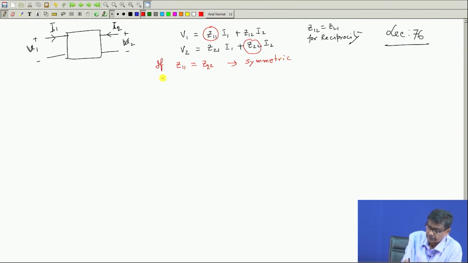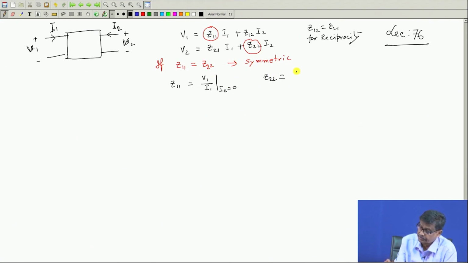Now, what is Z11? Z11 is equal to V1 by I1 with I2 equal to 0. That is the driving point impedance of the network looking from port 1, and the driving point impedance of this two-port network looking from port 2 is V2 by I2 with I1 equal to 0.